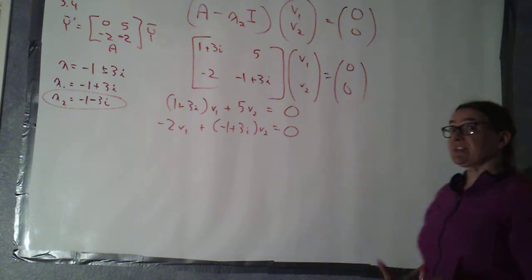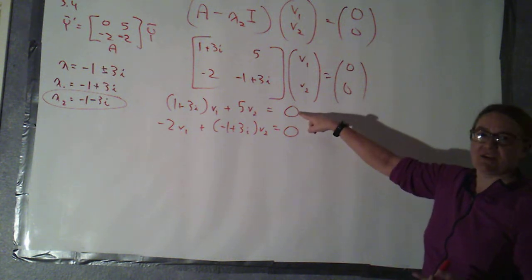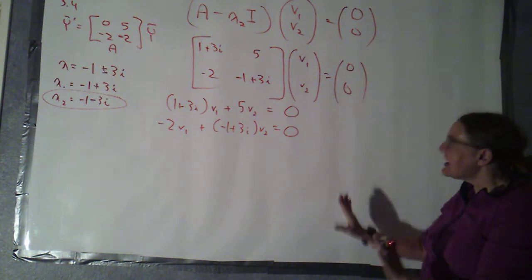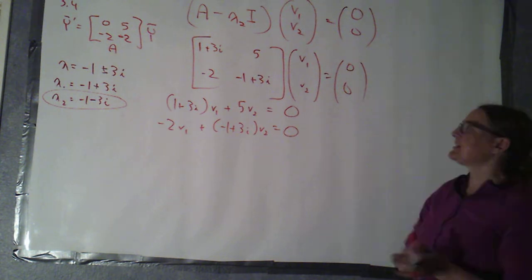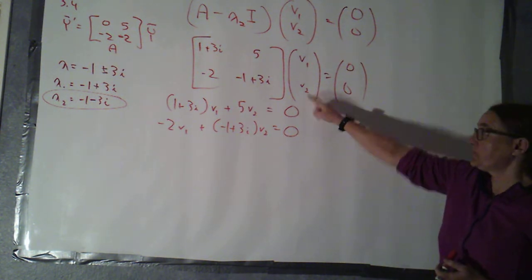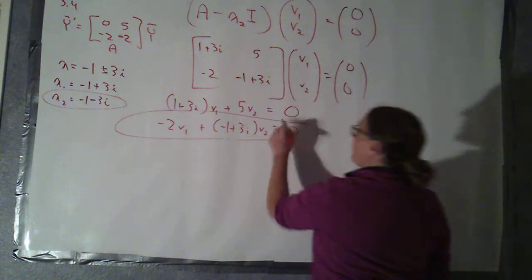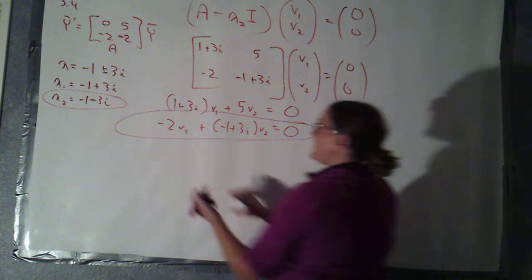So I'm just going to say I know that this equation is a multiple of this equation because I know that lambda 2 is an eigenvalue, so I know there's a non-zero solution. So I just need to pick one of these equations and solve it. I'm going to solve this one for v1.